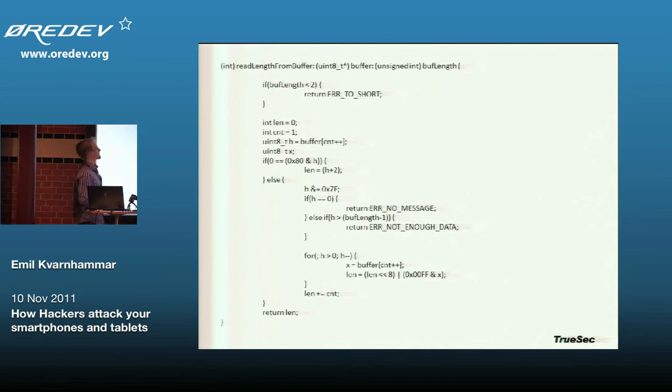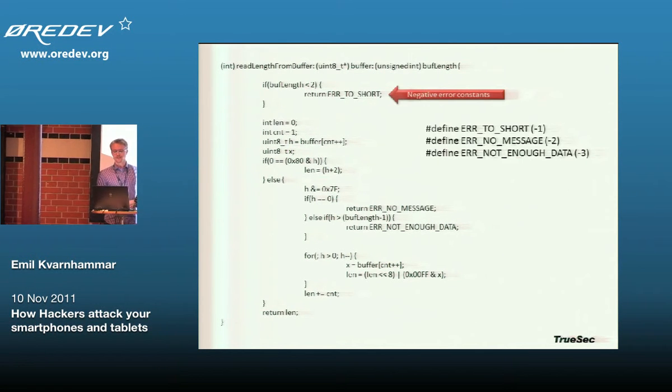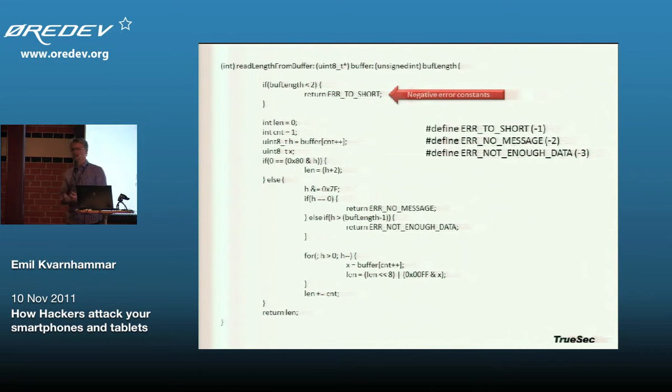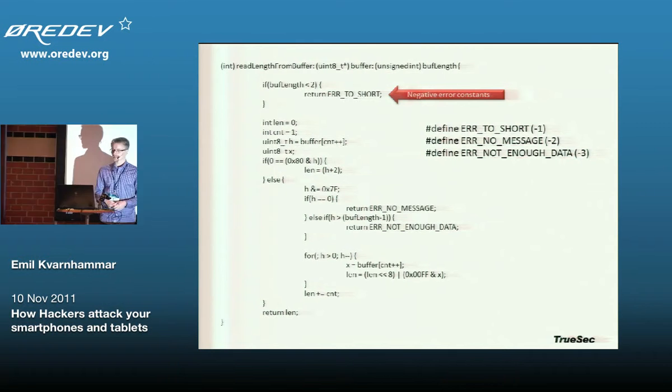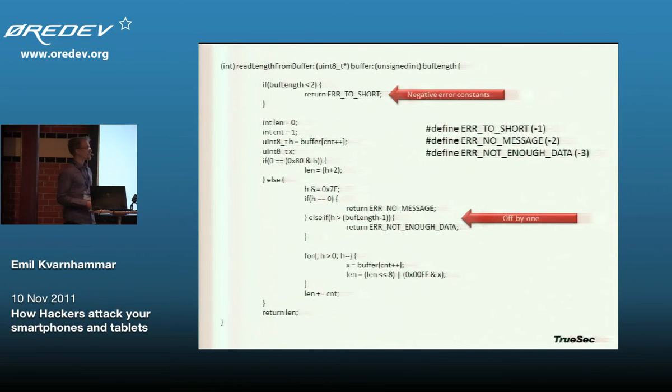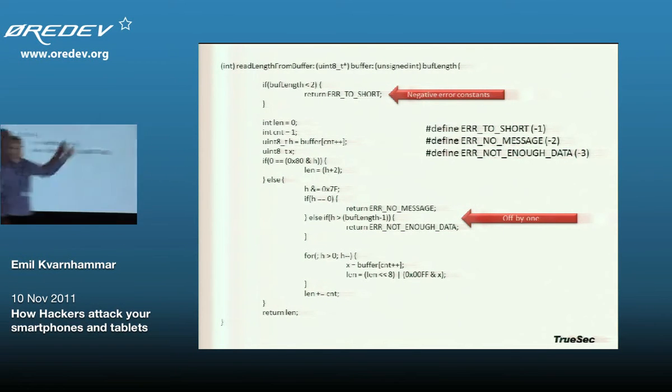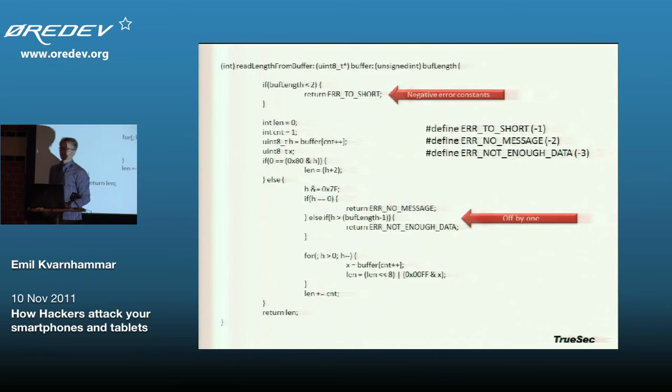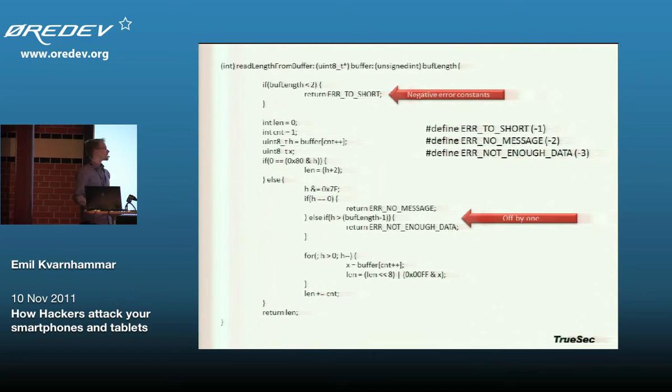Looking at the implementation of that, it's pretty scary, because it might return error codes, and those are defined as negative values. There is an off by 1. Off by 1 means that in this example, it should be -2, but it's -1.